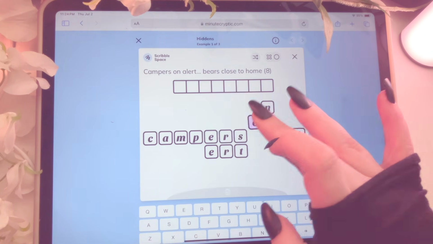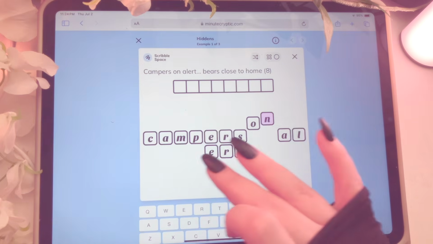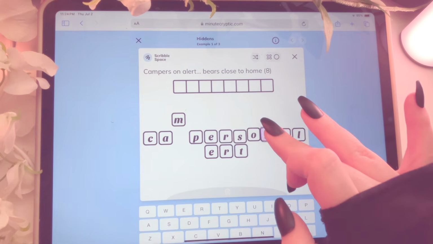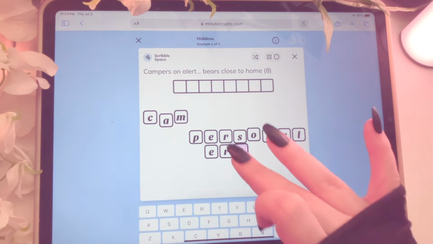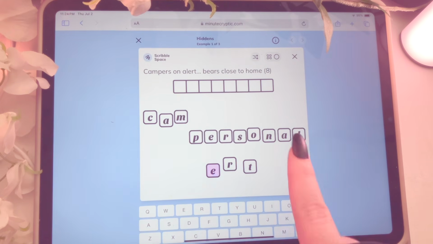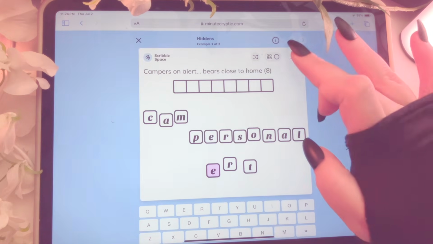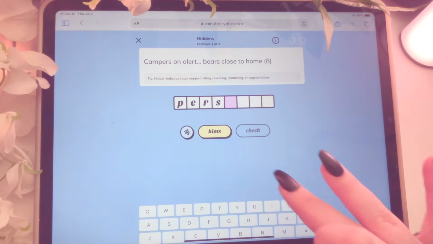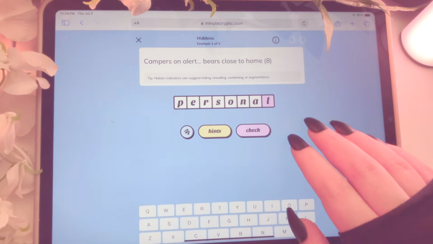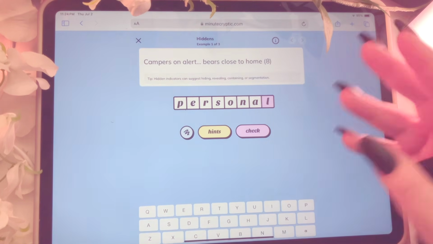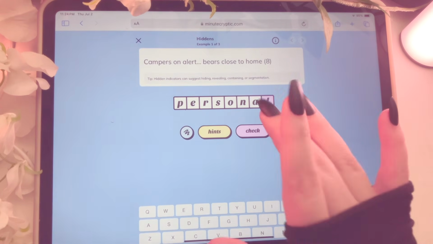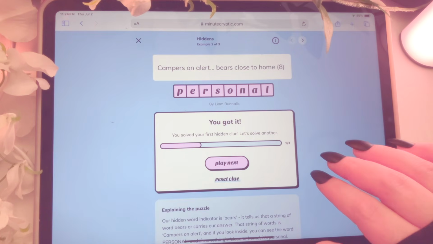And that made it pretty easy to spot the word. If we take away, rather, the first 3 there and the last 3 here, we are left with the word personal. Personal. Which, of course, in a sort of roundabout way, can mean close to home.